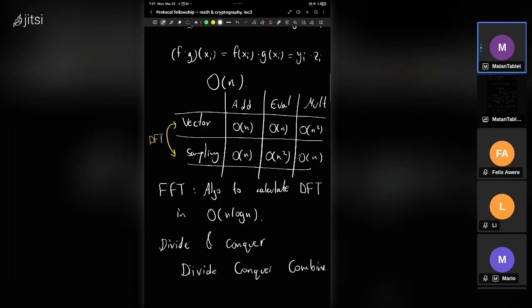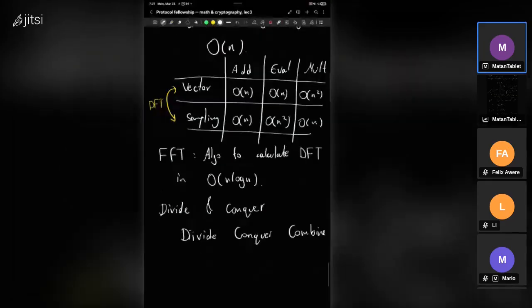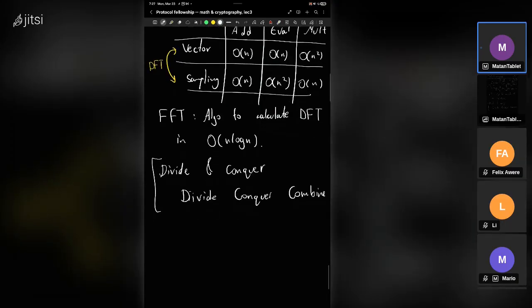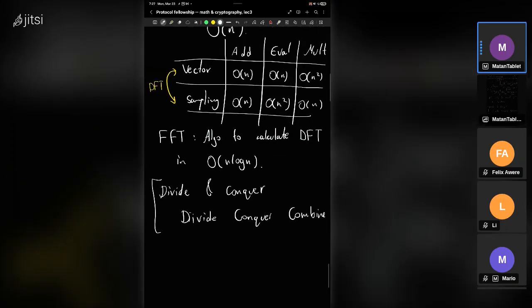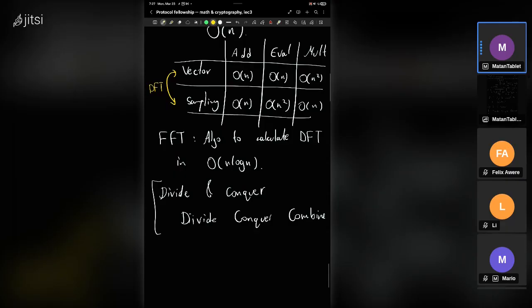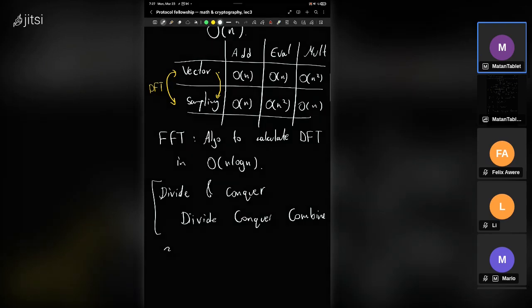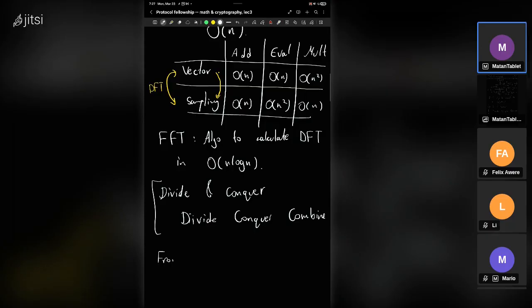Okay, so how do I do the division? Let's say I'm going to explain now how to move from vector representation to a sampling representation, and we'll do the other direction later on. So say from vector to sampling.